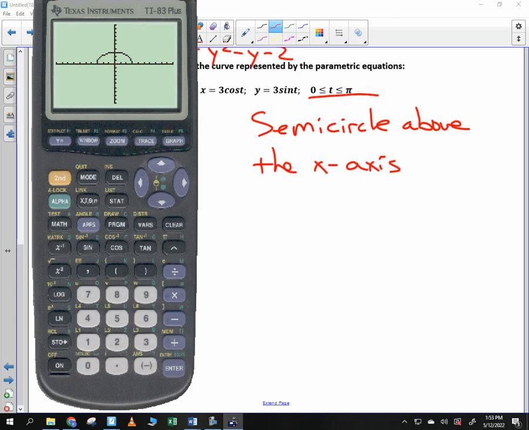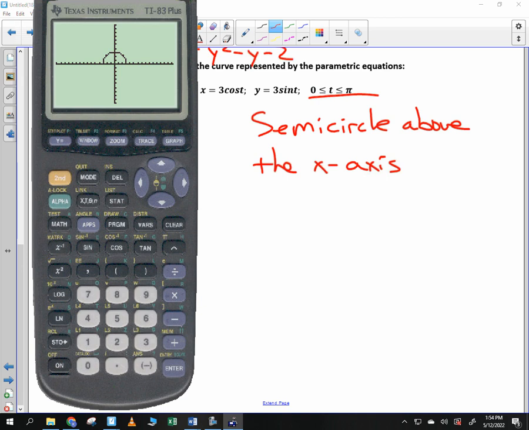You have to go from 0 to pi, so in my window, my T max is pi. That way I just get half of it. And when I zoom as a square, you can see that I do get just half that circle, don't I? You can see it's a circle.